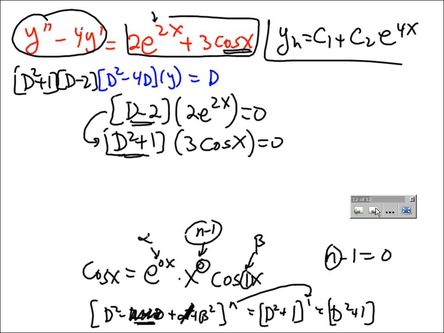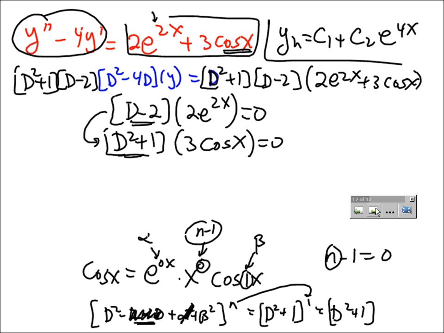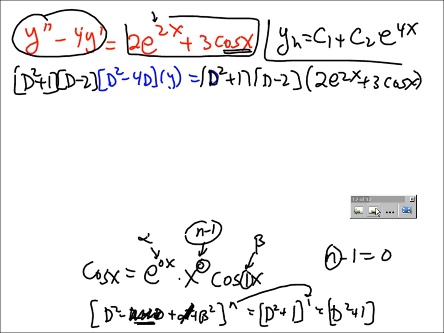And I'm going to do the same operation on the right side: D squared plus 1 composed with D minus 2 of 2e to the 2x plus 3 cosine x. And that right side is going to be 0 by design.